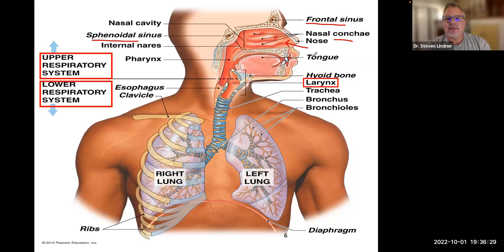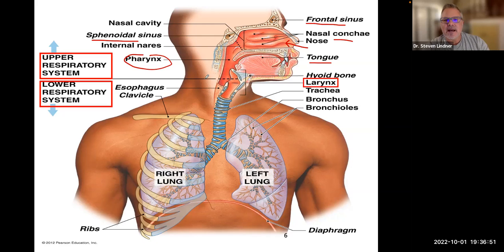Okay, what else do we have? Let's see. We have our tongue over here. Back here is the pharynx. And again, with the pharynx, we said there is a nasopharynx, oropharynx, and laryngopharynx.